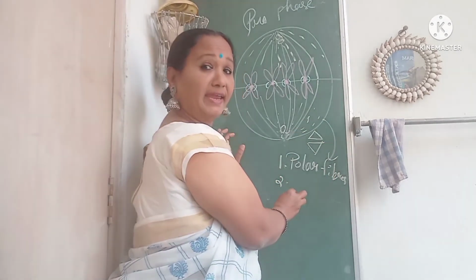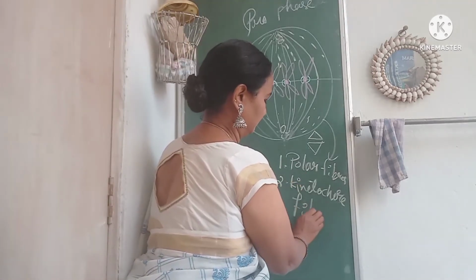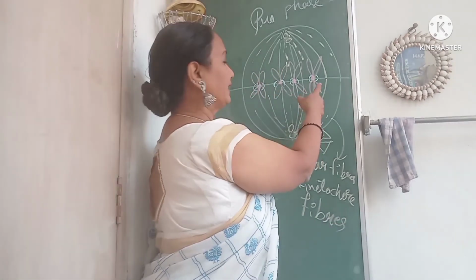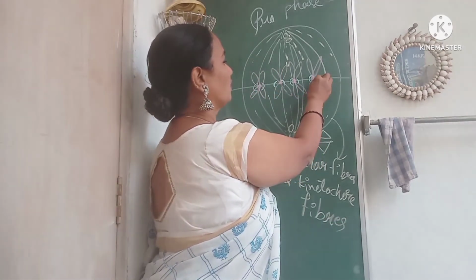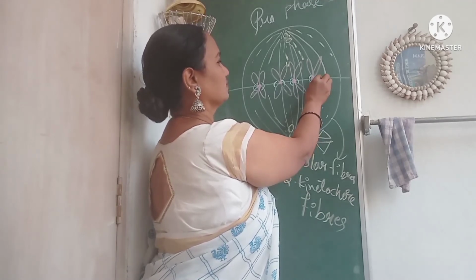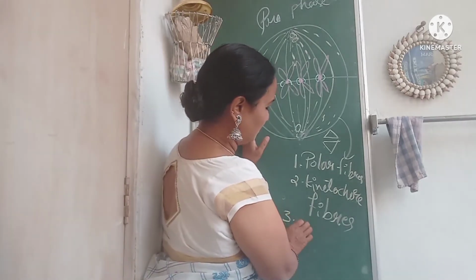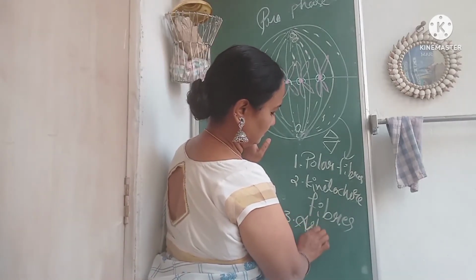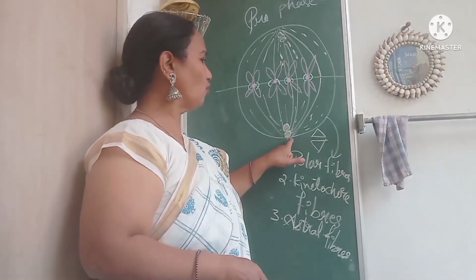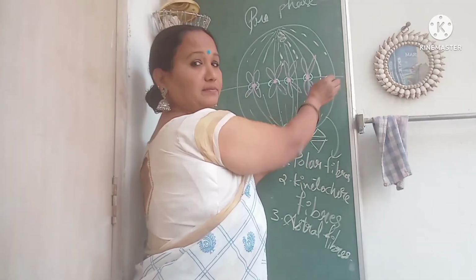Second one, kinetochore fibers, which attach to the kinetochore of the centromere of the mitotic chromosomes. Third one, astral fibers, which radiate outward from the poles towards the periphery.